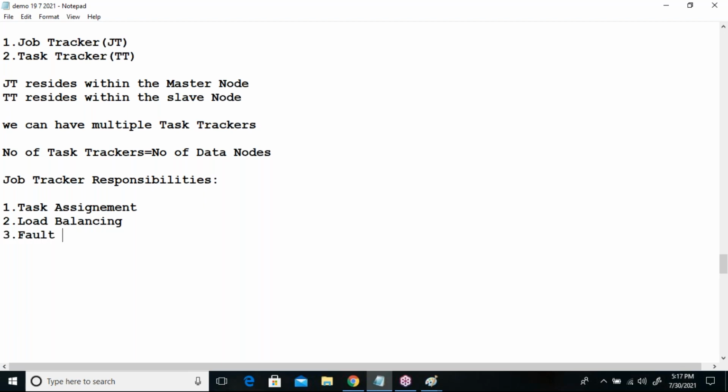Third, fault tolerance. Fault tolerance means if multiple tasks are executed by multiple slaves and any slave goes down, then the task of that slave is allocated to another slave. Who does this? Job tracker. Then health monitoring. All this is taken care of by the job tracker.